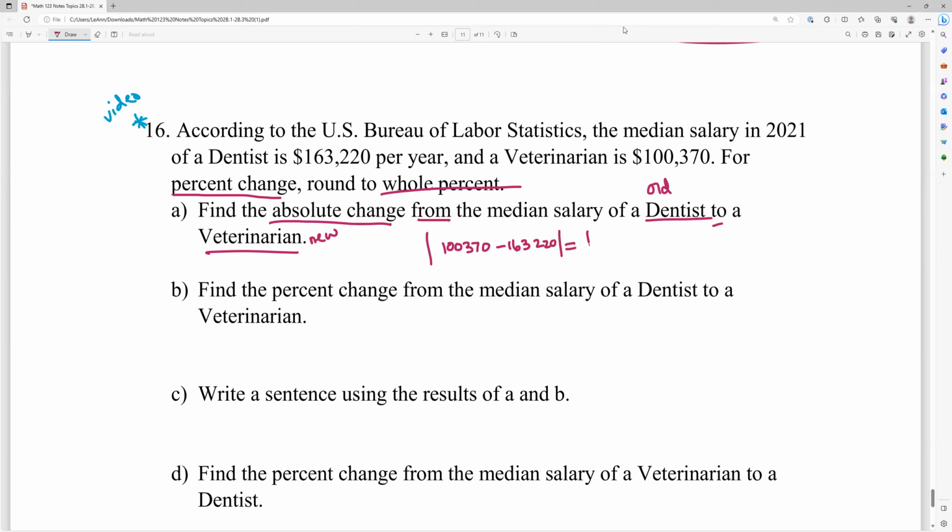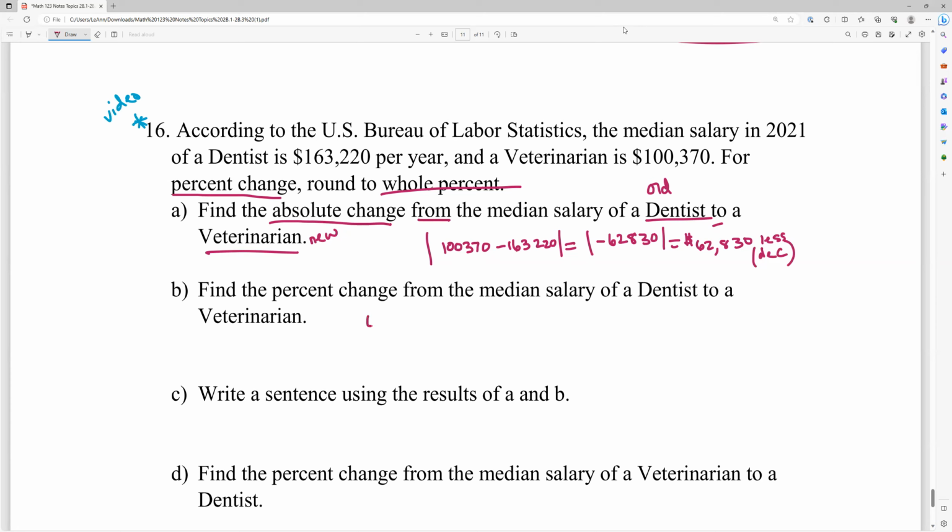When we subtract that, we get negative 62,830 in the absolute value, which we'll report as $62,830 less, or decrease, if you want to put decrease.